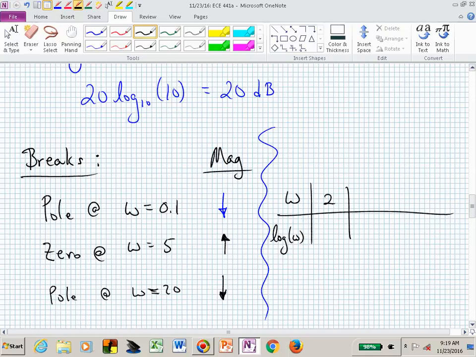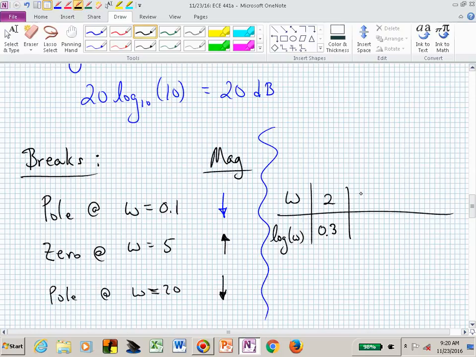Last time we remembered the log of 2 to more significant digits than I can remember, I just say 0.3. Okay, so it's about 30% of the distance between your two different decades of frequency.